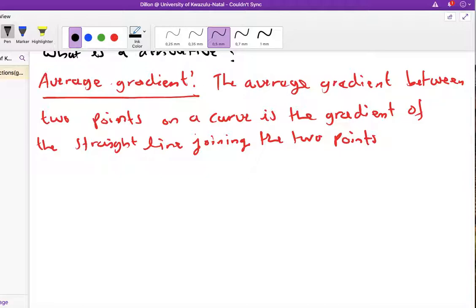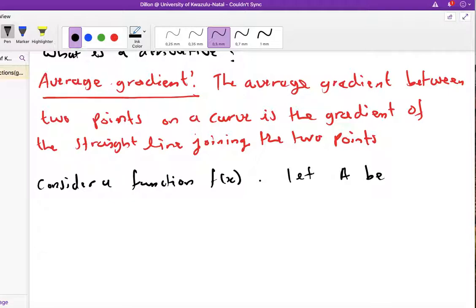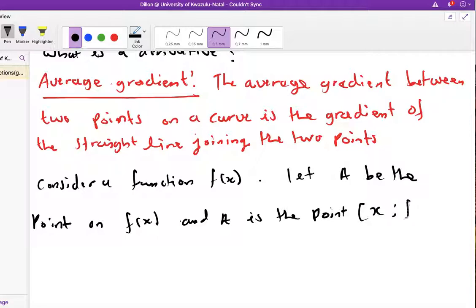So, consider a function f of x, where f of x is some curve, and let a be the point on f of x. a is the point x and f of x.